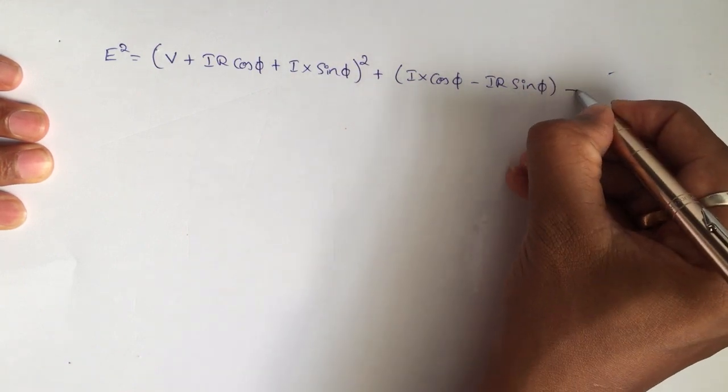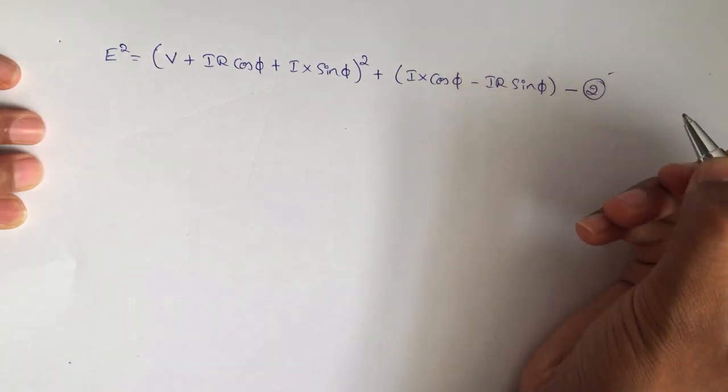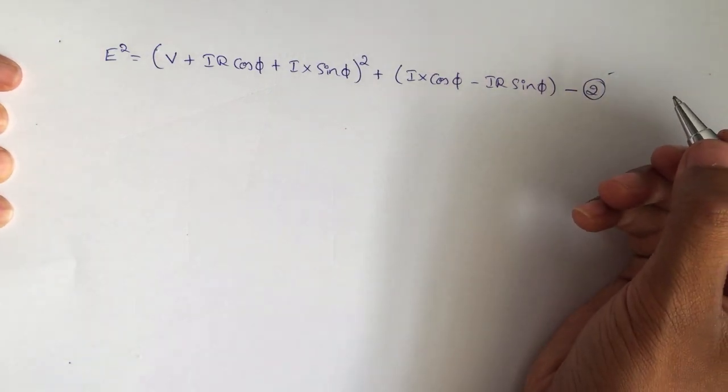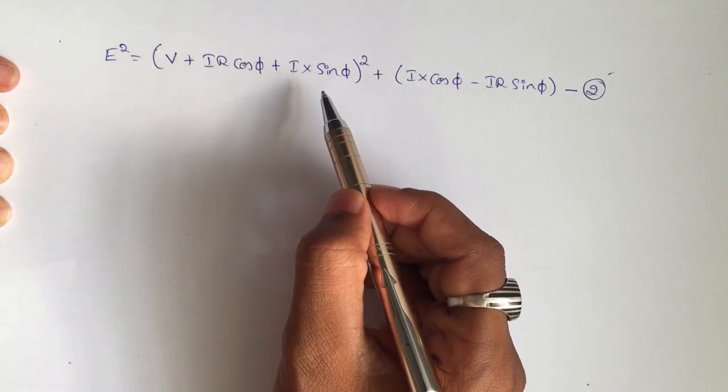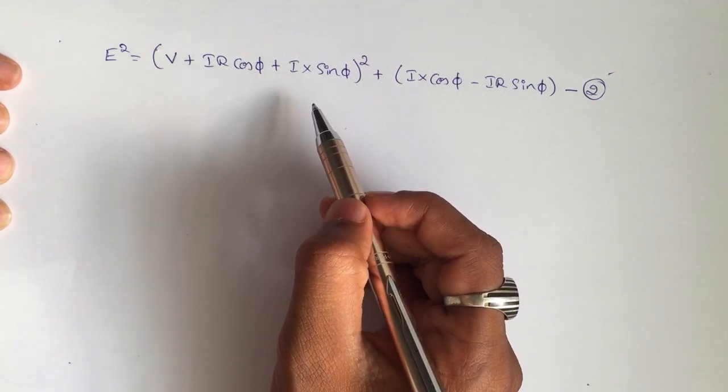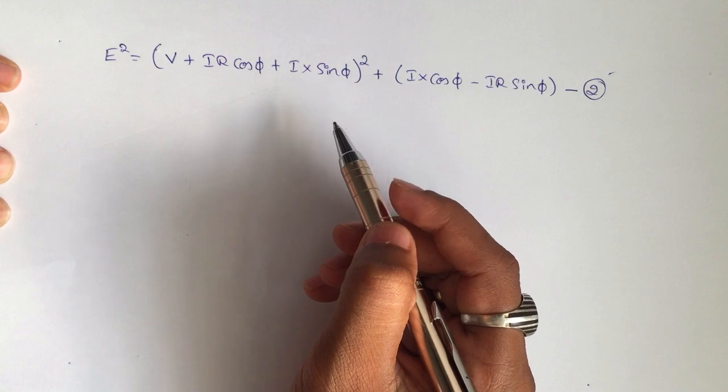This will be equation number 2. Here we just substituted the values of OA, AB, BC and DC.